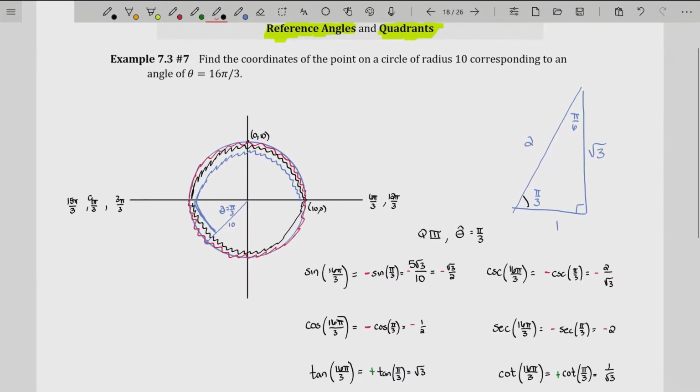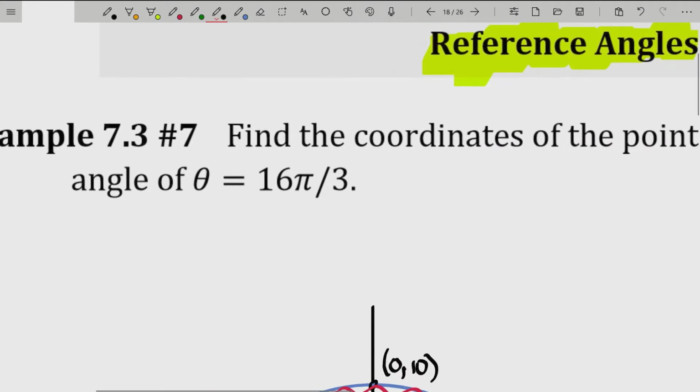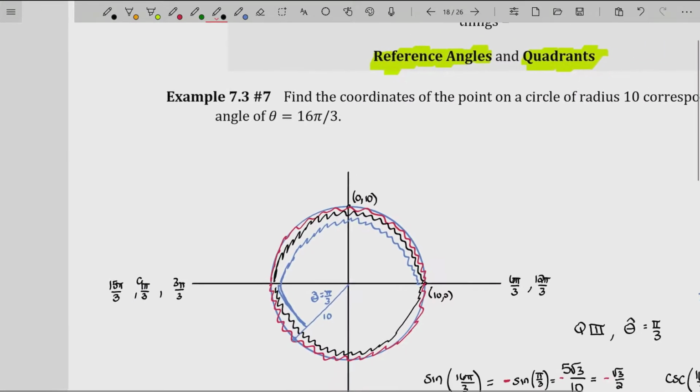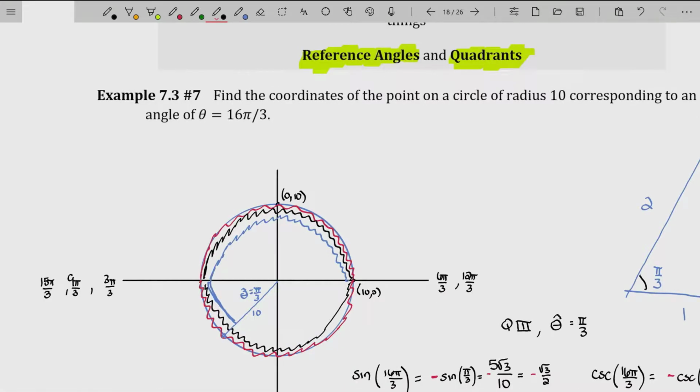The other thing I want to mention here is I gave you a very large angle. That's super common. So you have to be willing to say, you know what, these trig functions of 16 pi over 3 are the same as if I had unwound this a little bit and removed as much of the rotation as possible.